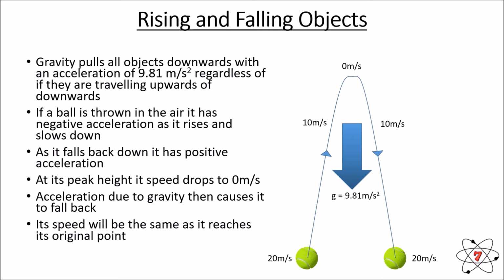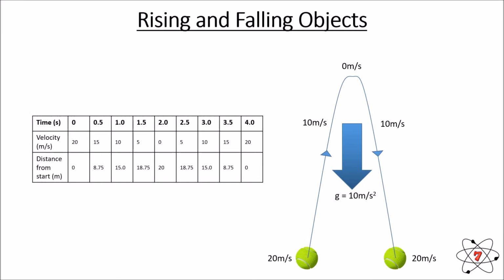So, the speed that objects travel with is changed by gravity. As an object reaches the maximum height, it reaches 0, and the speed will then increase as it accelerates due to gravity again. So we can plot these speeds in a table, and we can see that at a time of 0 seconds, the ball hasn't travelled at all, but it's just been thrown, and it has a velocity of 20 meters per second.